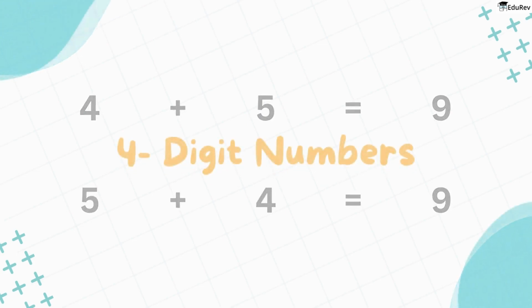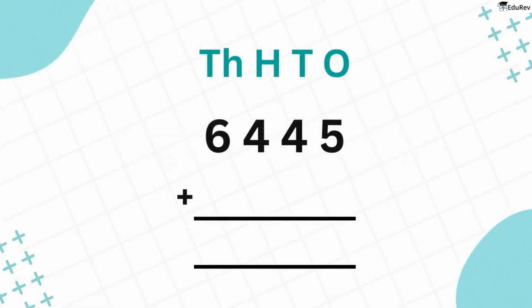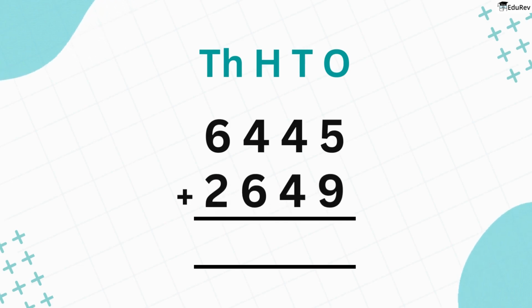Now, students, let us implement this while adding 4-digit numbers. Let's add 6445 and 2649. Starting from ones place, 5 plus 9 is equal to 14. We write 4 and carry 1 over. Next, adding 4 and carried over 1, we get 9.